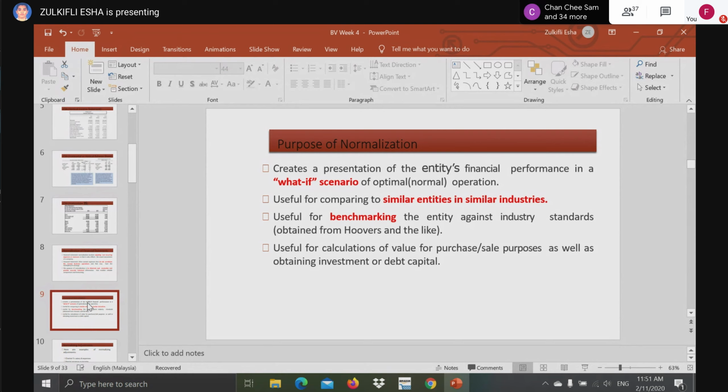Because we don't want to be short sendiri lah kan. If you're not comparing your performance with the competitors in the industries, you may feel that we are already okay. But after comparing your performance with your competitors in the industries, you may find that you are far behind within the industries as compared to the other companies. So maybe some of the companies are bigger than you.